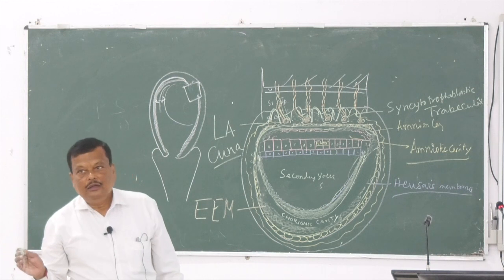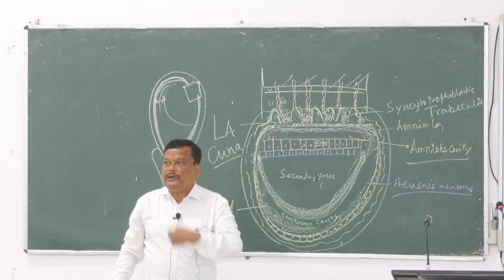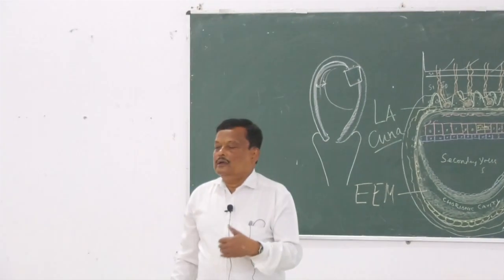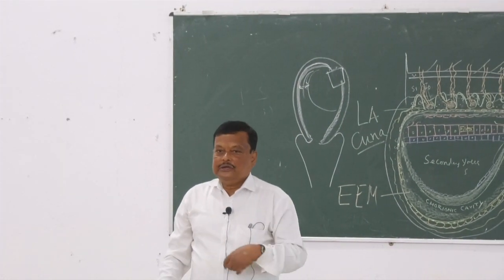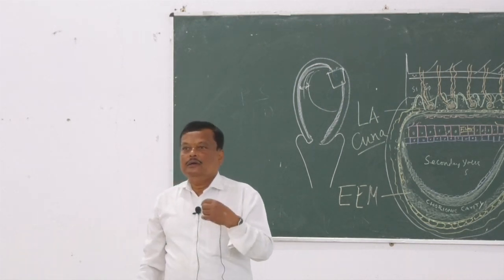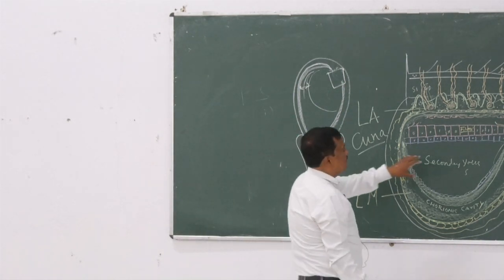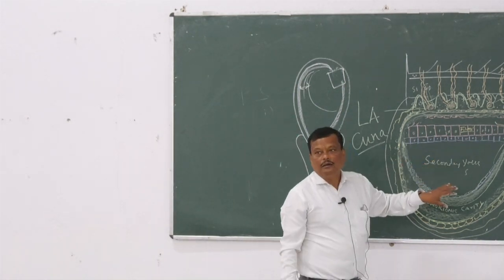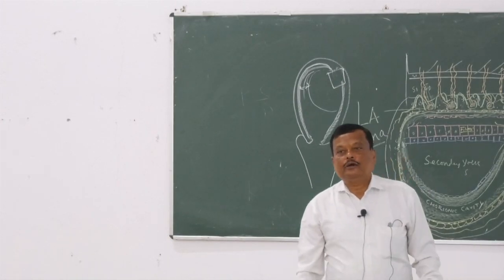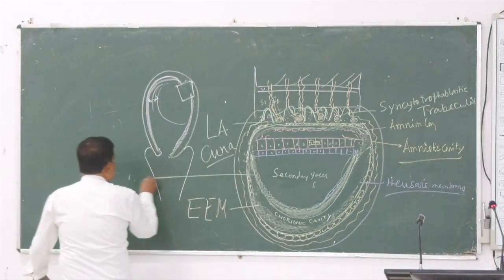Splanchnum means viscera, because ultimately this secondary yolk sac will form the gut and part of the urinary system. Duodenum, stomach, intestine, large intestine will all be formed by the secondary yolk sac. And Latin viscera means splanchna.